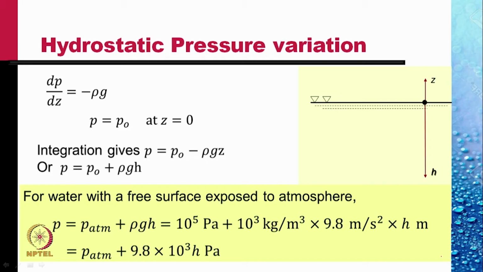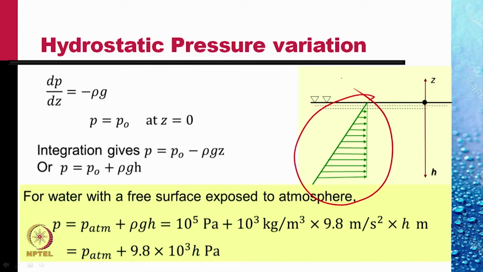Then the equation becomes P is equal to P atmosphere plus 9.8 into 10 raised to the power 3 times h in Pascals. This is the pressure distribution shown here, which is linear with depth. This all you must be familiar with from high school.